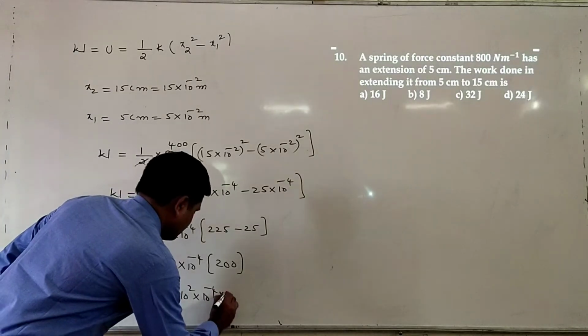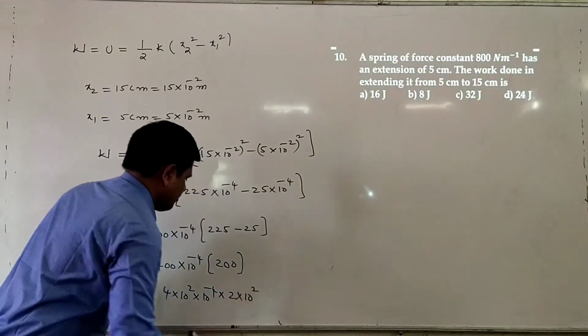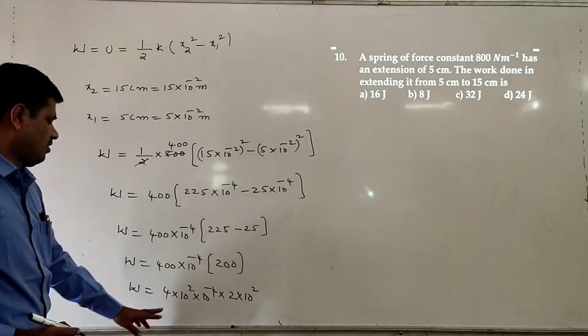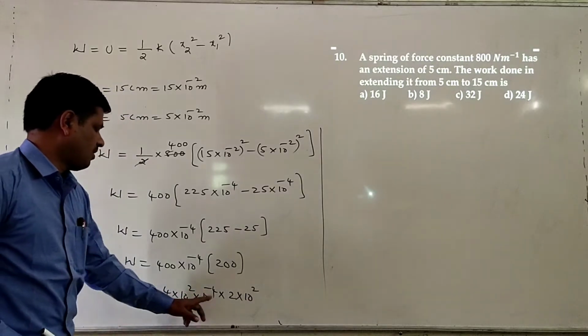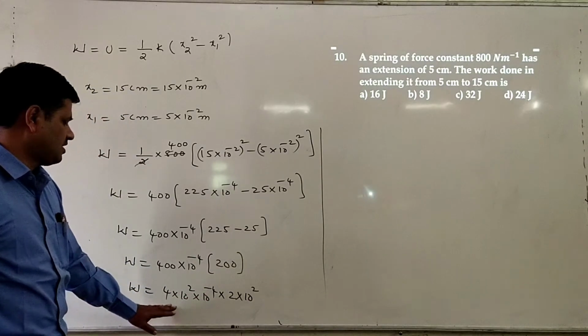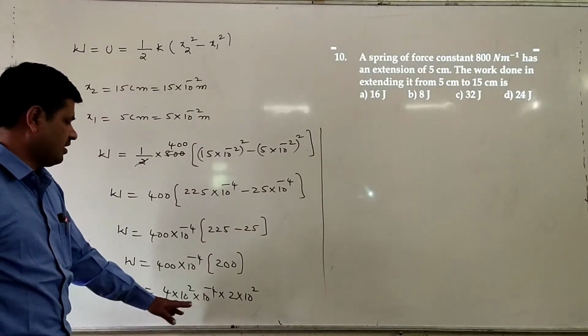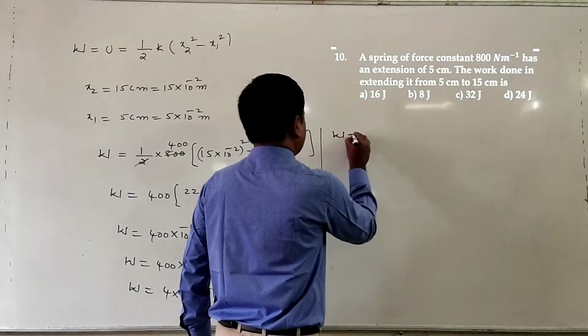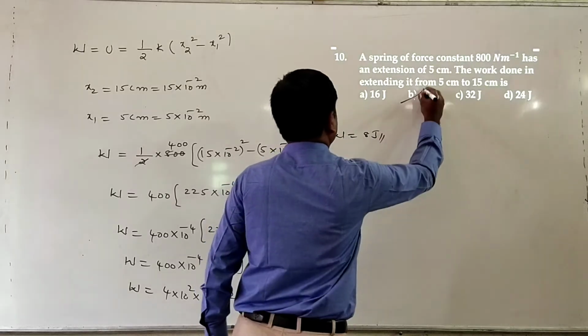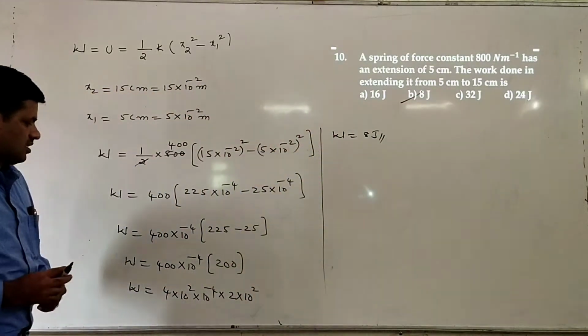Now 2 into 10 square is equal to 200. Now 2 plus 2 is equal to 4, 4 minus 4 is 0, so 10 power of 0, we are getting the 0. Now the value we are getting is 4 into 2, which is 8. Means 8 joules. Which option is correct here? D option is correct here.